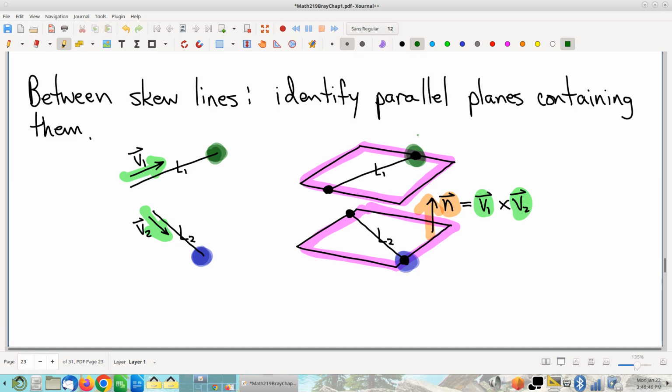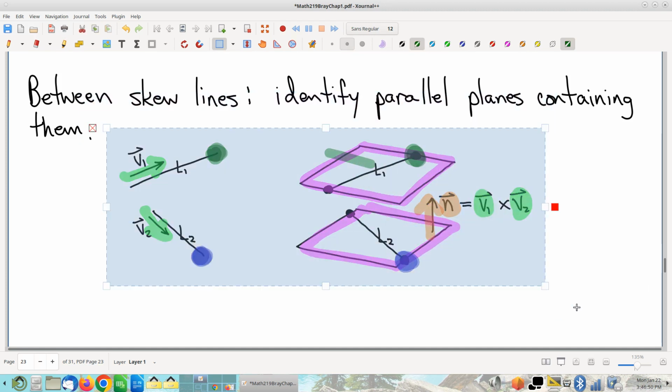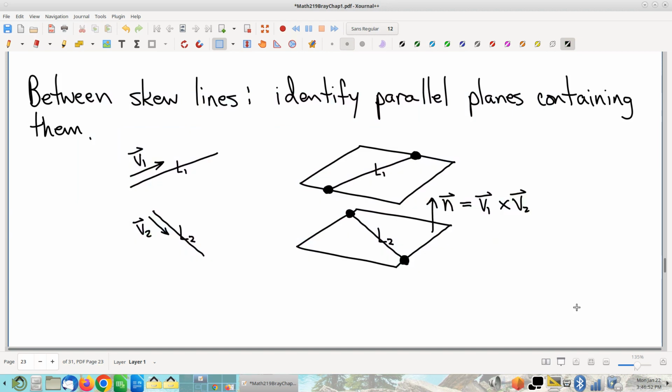Now, who cares? Well, this was not the question, right? The question was to find the distance between the skew lines. And the wonderful observation here is that the distance between the skew lines, perpendicular in both directions, of course, is also the distance between these two parallel planes.